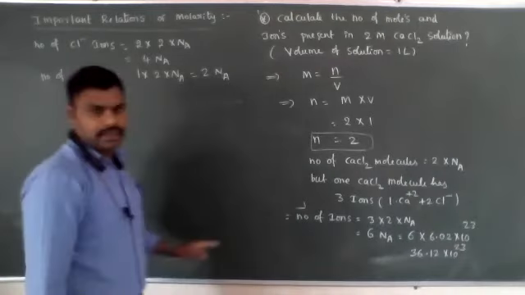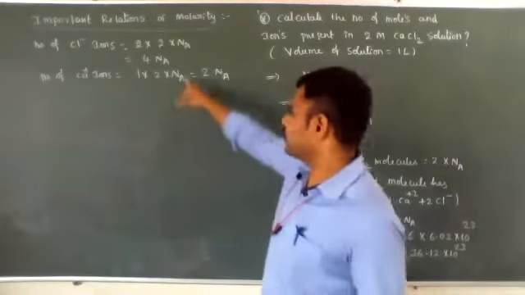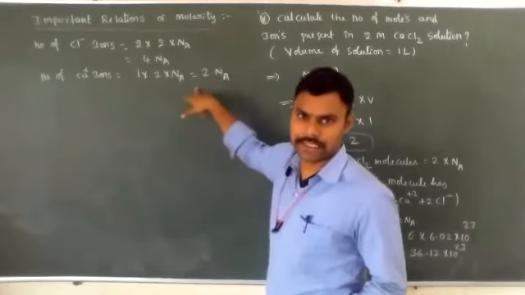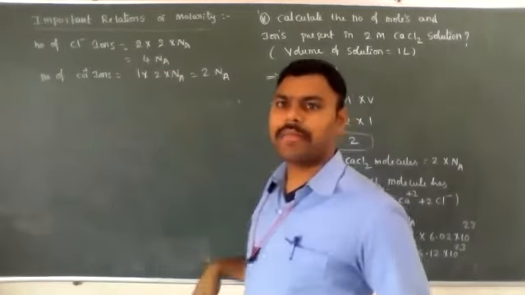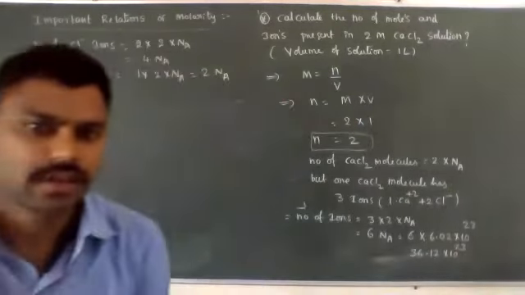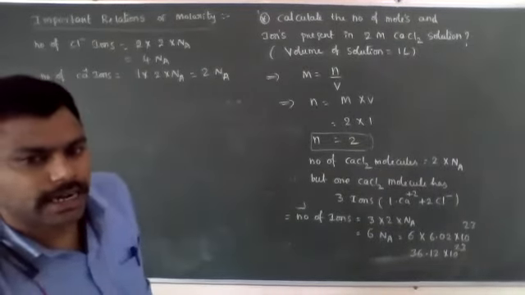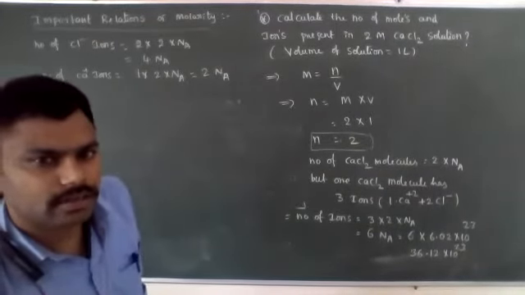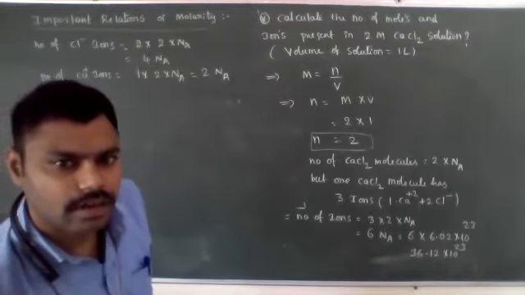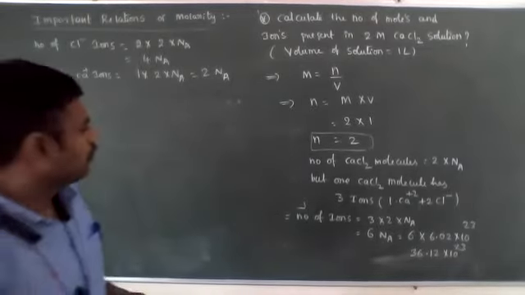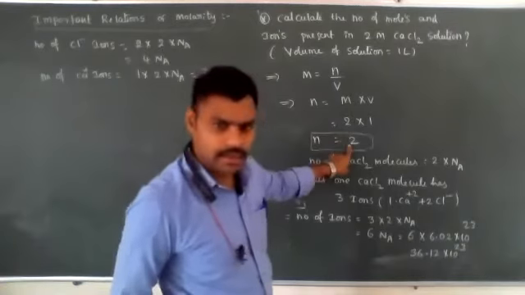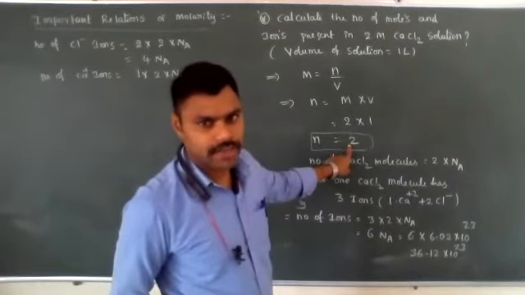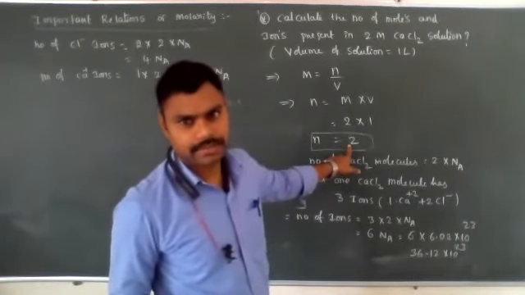Actually, I did 2 additional problems in this question only. If you know the number of molecules, then we can calculate the individual number of ions also. See, first step, N. How much N did we get? 2 moles. That is clear.